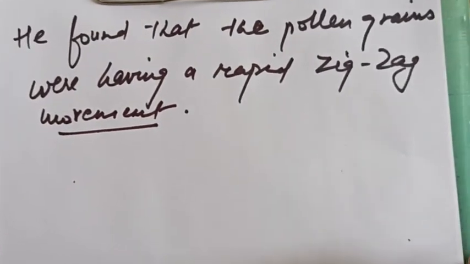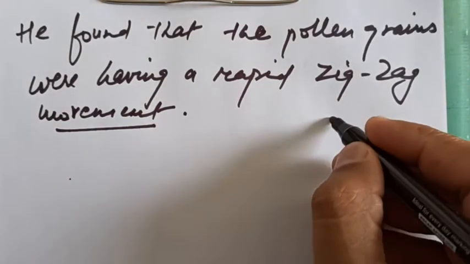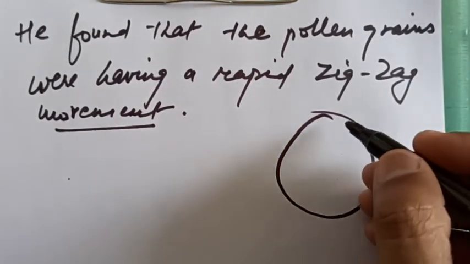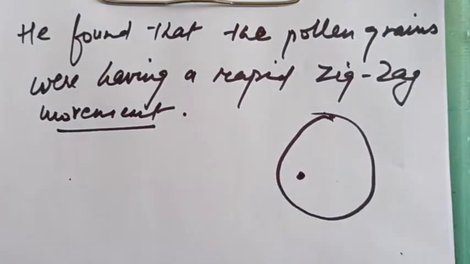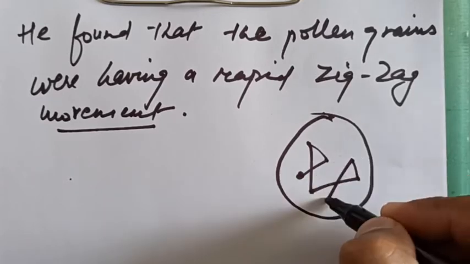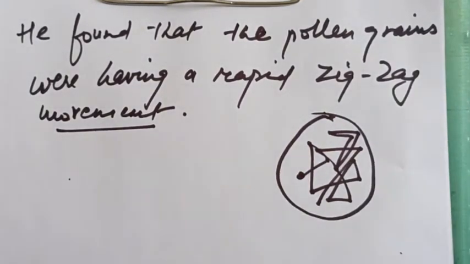They move in a zigzag, definite, rapid pattern, moving very fast, like this slide that he saw in the microscope. Suppose this is a pollen grain here, he saw that it is moving like this, in random directions. So it is a zigzag motion that he saw.